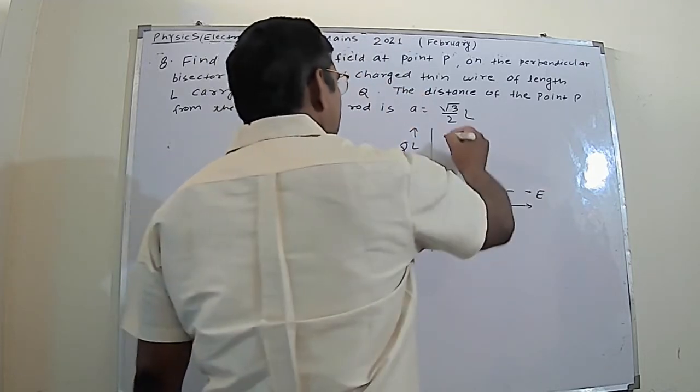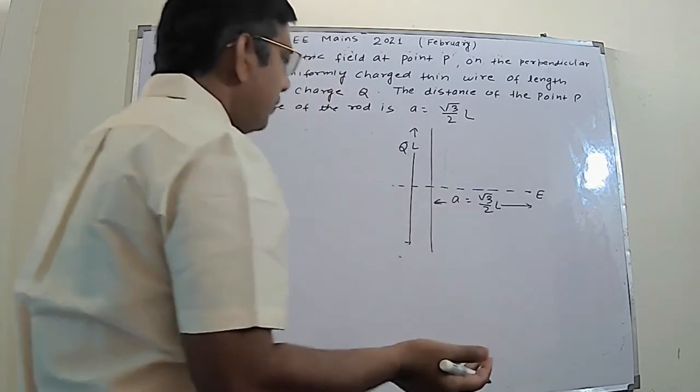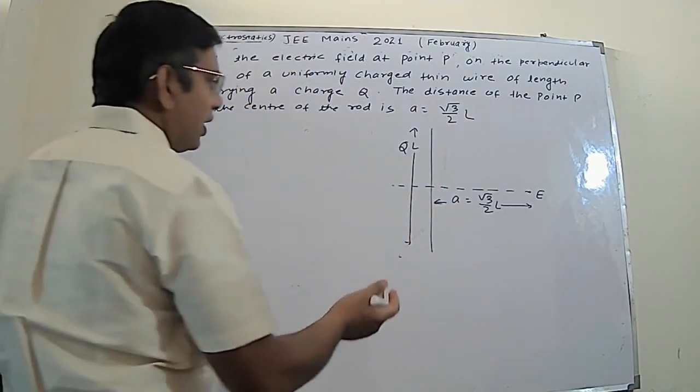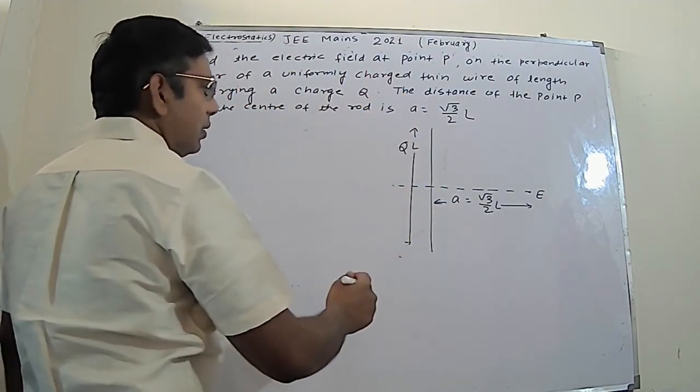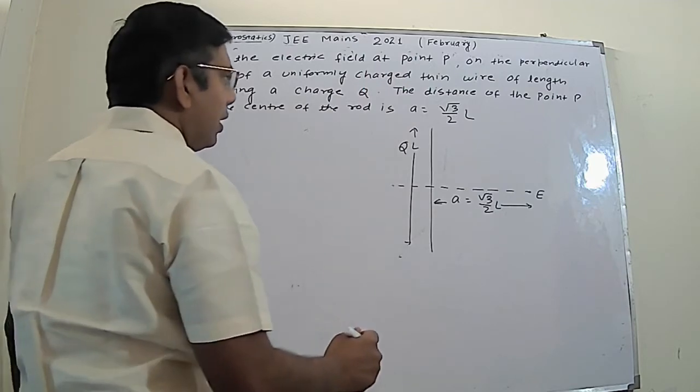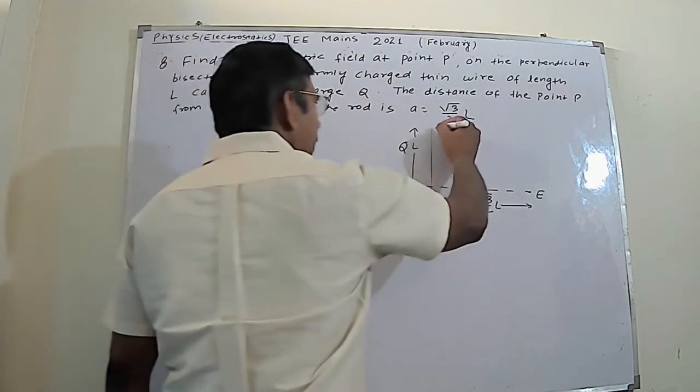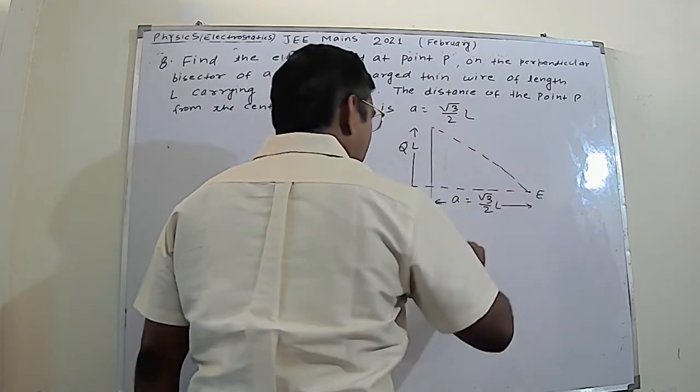This one we have derived. We know how to derive the electric field for a uniformly distributed line charge, right? So the formula we can directly apply here.